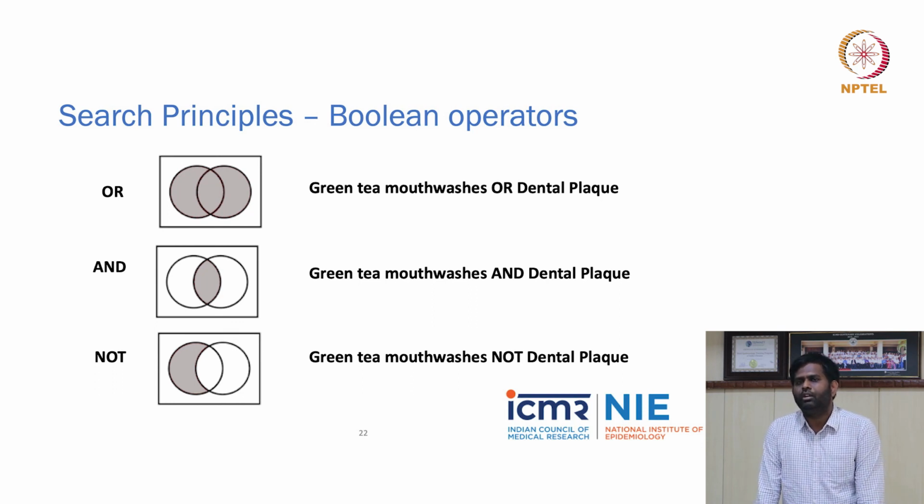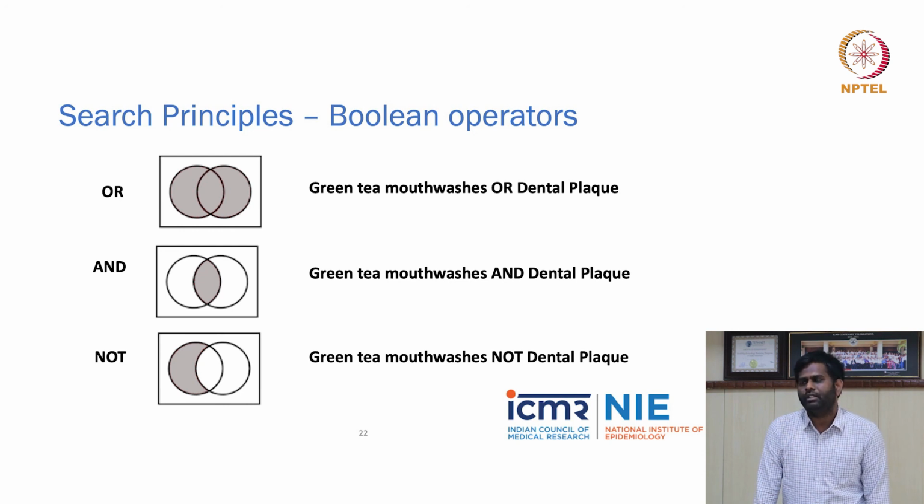There are three Boolean operators: the OR function, the AND function, and the NOT function. For the OR function, the example I have used is green tea mouthwashes OR dental plaque. Let's say the first circle on the left denotes all the articles which talk about green tea mouthwashes, and the right circle denotes the articles which speak on dental plaque.